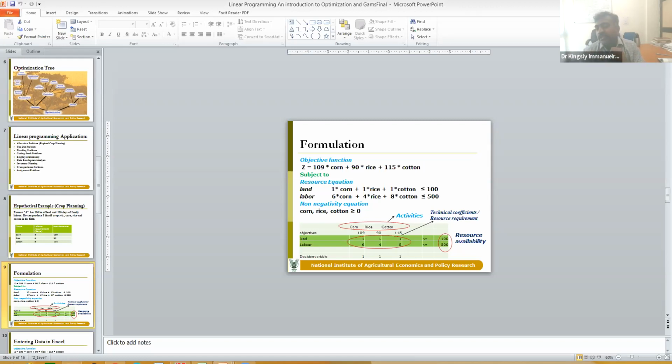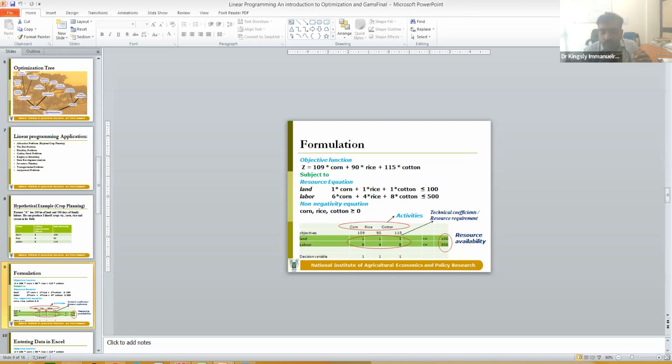What is our resource equation? There could be two, because our resources are limited: land as well as labor. Let us first solve for labor, because in our case we are only talking about area allocation. Our model has to return the area under each crop.